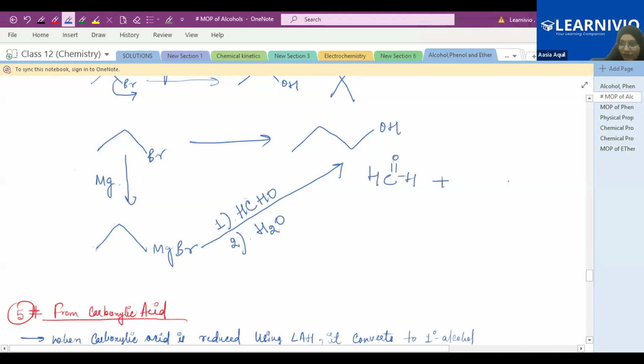When you treat it with this MgBr, what are you supposed to do? This will have the partial negative charge and this will have the partial positive charge, right? And in this formaldehyde, between the CO group, carbon has a partial positive charge and oxygen will have the negative charge. Okay, so what will happen in this case?